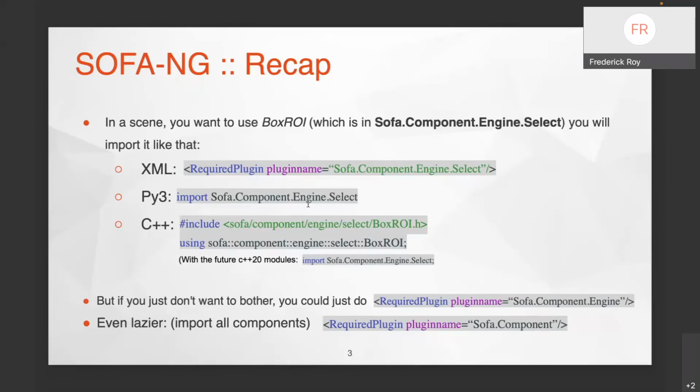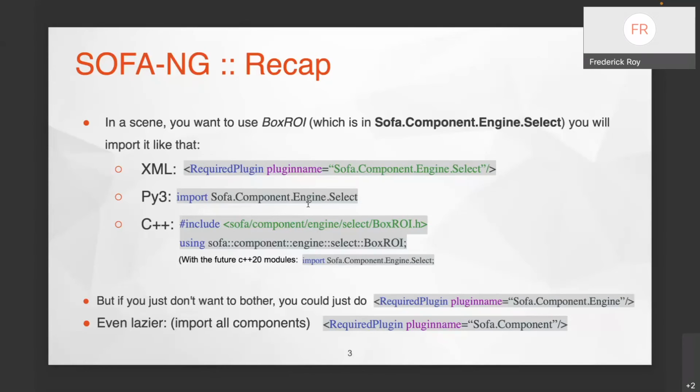What we wanted also to do is, maybe not everybody wants to know the precise location of the component. So if you don't want to bother, you say, I want an engine. I don't know where it is, but still I want the engines. If you do sofa.component.engine and that's it, you will load all the engines. I mean, all the modules related to the engines.